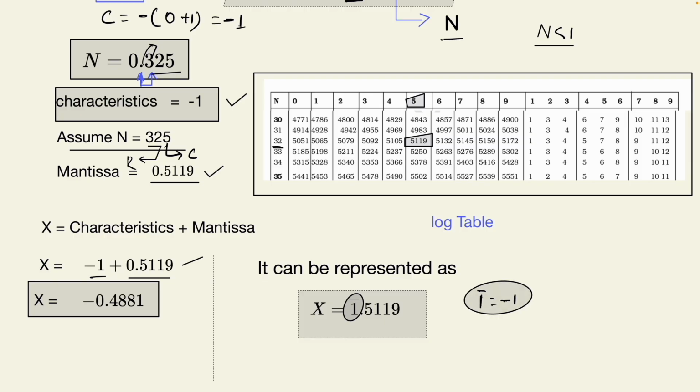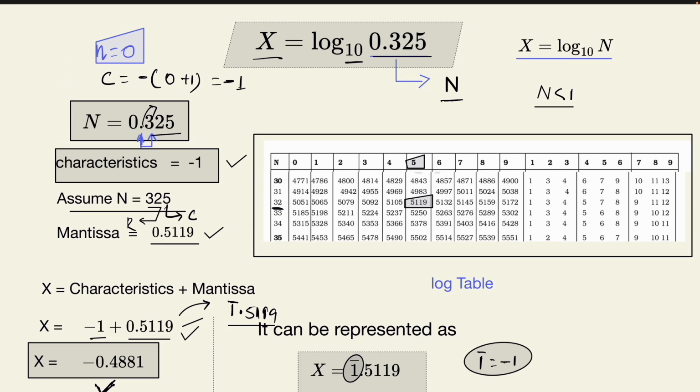So when we write the bar, it means minus 1 plus 0.5119, the same value that we mentioned here. If you want the exact value, you can follow this way, or if you need only a representation, then you can write 1 bar, then 5119. Both are correct. So this is the answer for log 10 to the power 0.325.